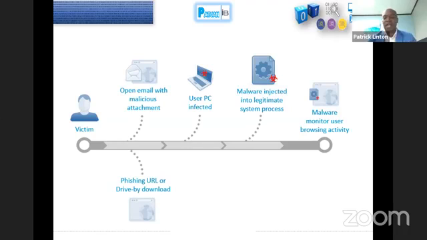Some of the vectors I said earlier: email, drive-by download, cracked software, downloading through torrents, and physical insertion of a device in your computer, right? Once you become infected, Zeus will inject itself into legitimate processes.